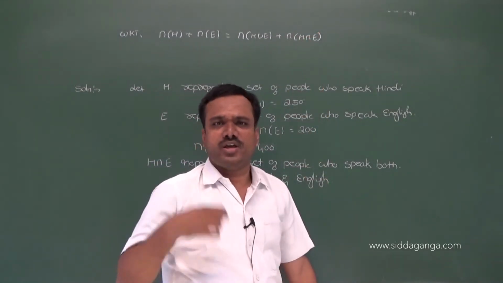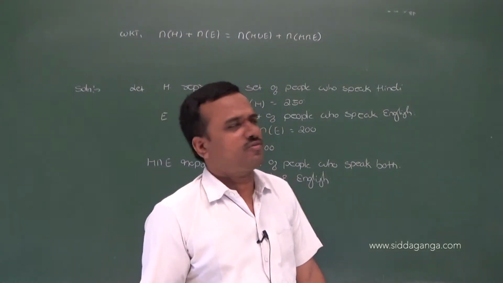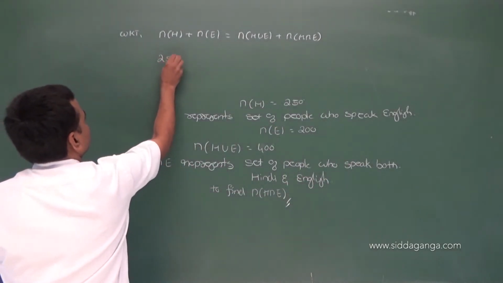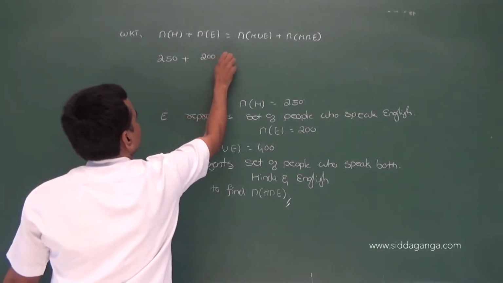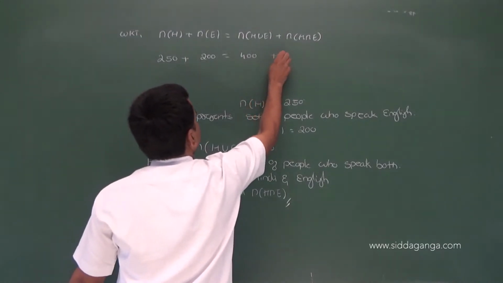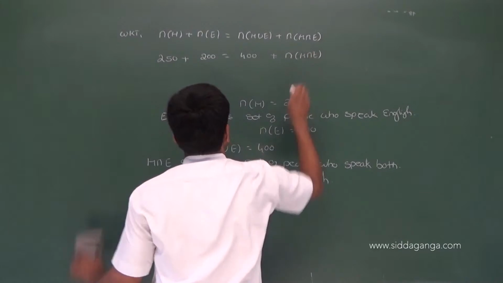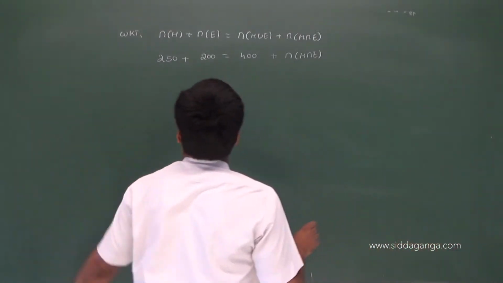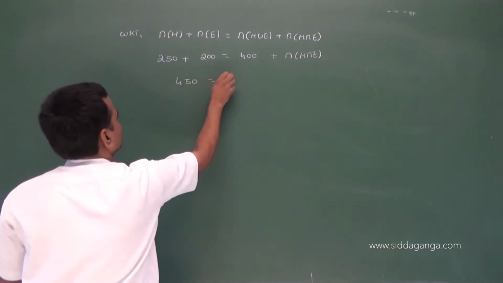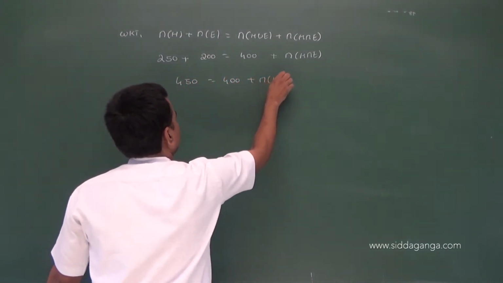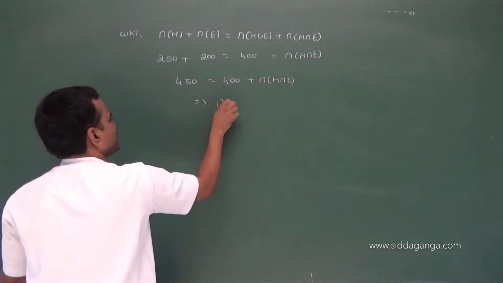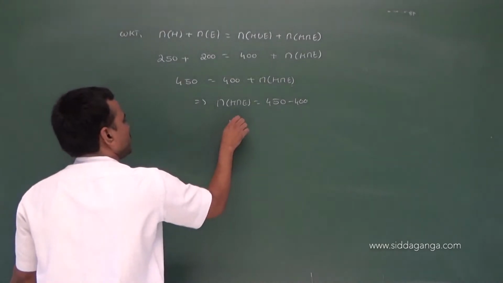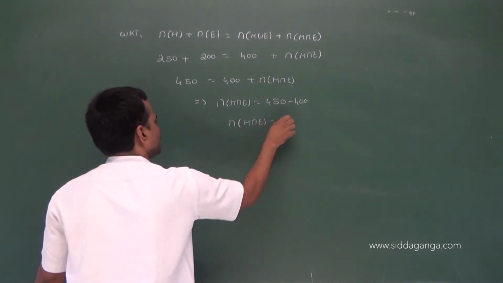So N of A plus N of B is equal to N of A union B plus N of A intersection B. Then substitute all the values: 250 plus 200 equals 400 plus N of H intersection E. So 450 equals 400 plus N of H intersection E. That implies N of H intersection E is 450 minus 400, which is 50.